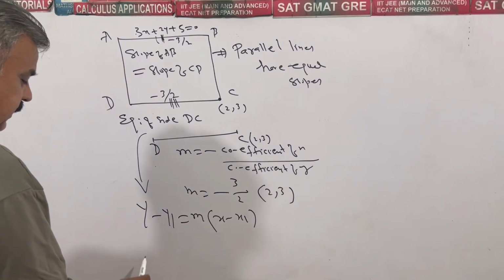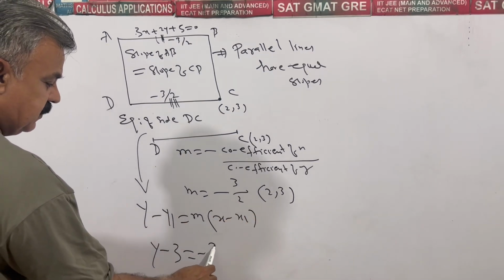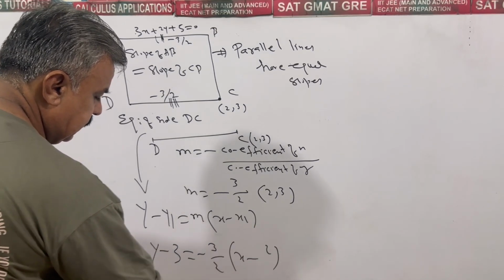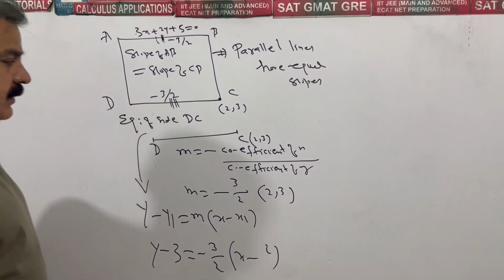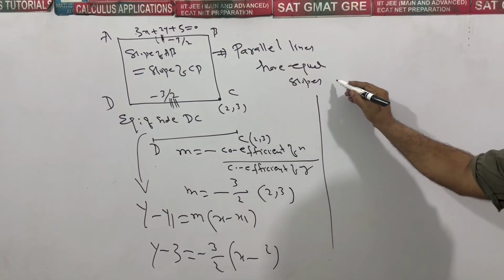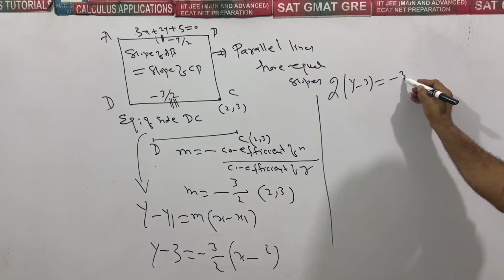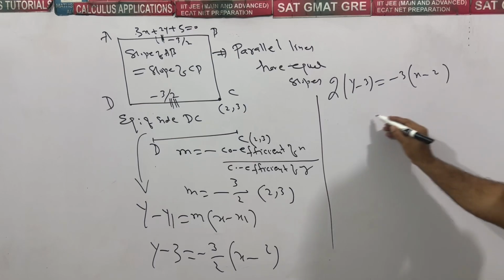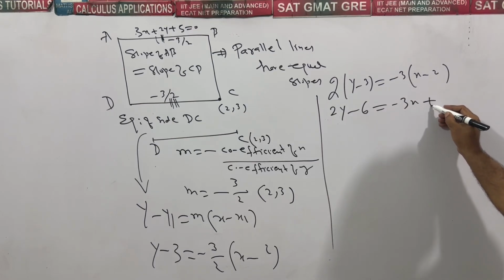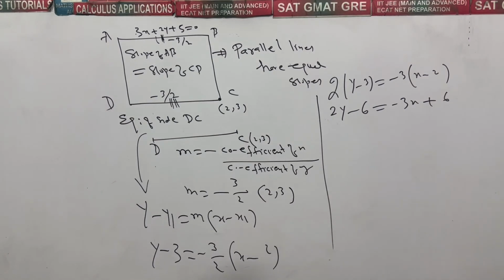I am taking the lone point we have: y minus 3, slope is negative 3 over 2, times x minus 2. Shift from the right hand side to the left, from division to multiplication: 2 times y minus 3 is equal to negative 3 times x minus 2. So I have 2y minus 6 is equal to minus 3x plus 6. Mostly in answers, the coefficient of x is positive.